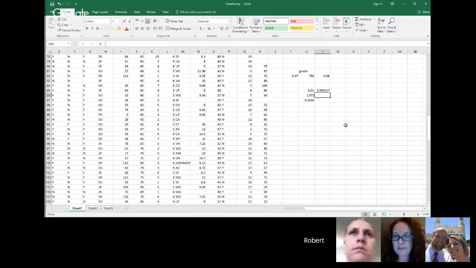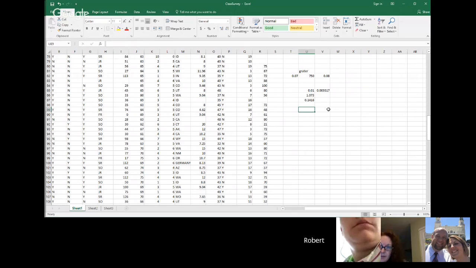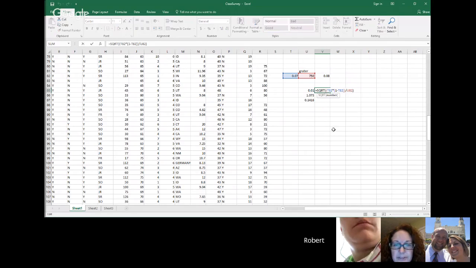Okay, that's definitely not why. So it's 0.07 times 1 minus 0.07, divided by 750, and the square root of that whole thing.